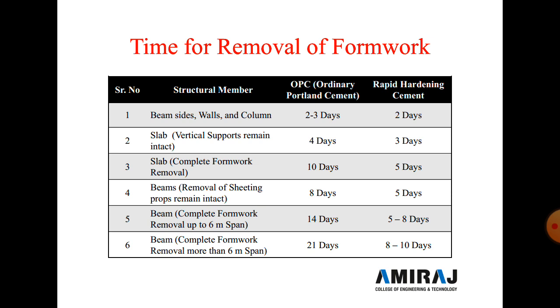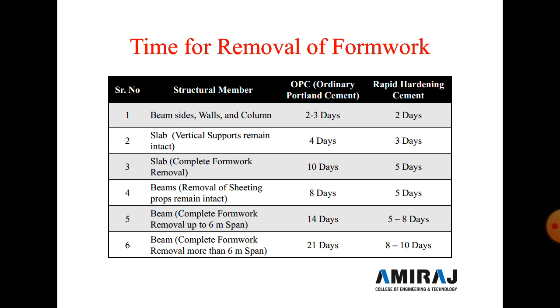Now next is the beams. For removal of beam formwork with seating props remaining intact, 8 days for OPC cement, and 5 days for rapid hardening cement. And for beam complete formwork removal up to the 6 meter span, compulsory 14 days is required for OPC cement, and if we use the rapid hardening cement, 5 to 8 days is required for removing the formwork.